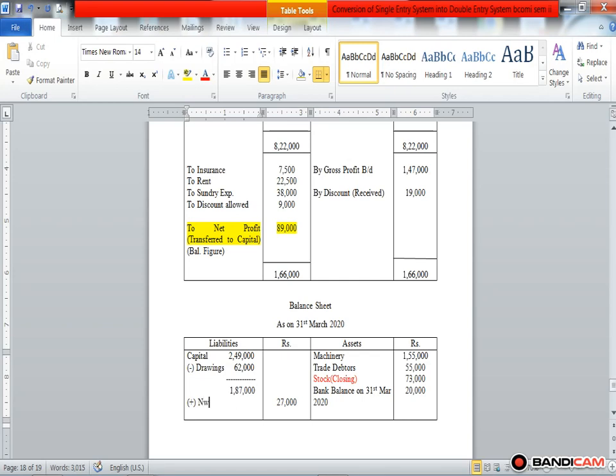So net profit, NP for short, is added, and net loss is deducted or reduced from capital.